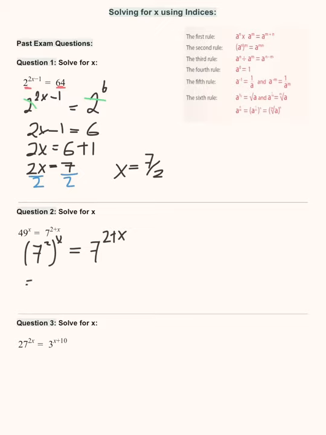So now using my second rule that's up the top there in the right hand corner, when I've got a power raised to a higher power, I can multiply them. So that's going to be 7 to the power of 2x equals 7 to the power of x plus 2. So now I'm in the position where I've got my bases to be the same. I can drop them and let my powers equal each other.